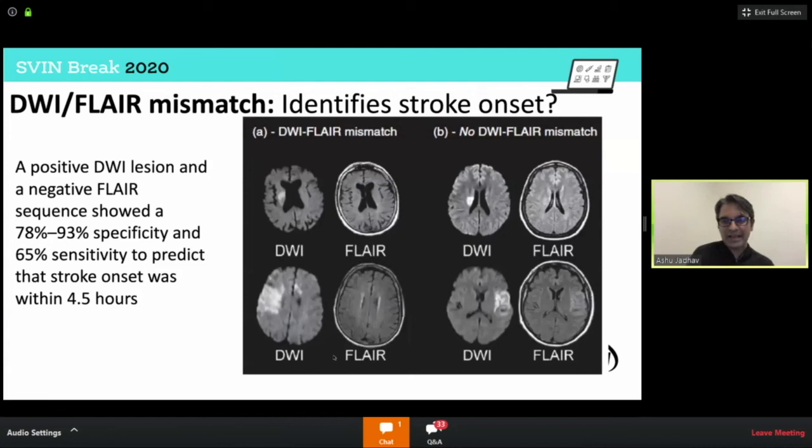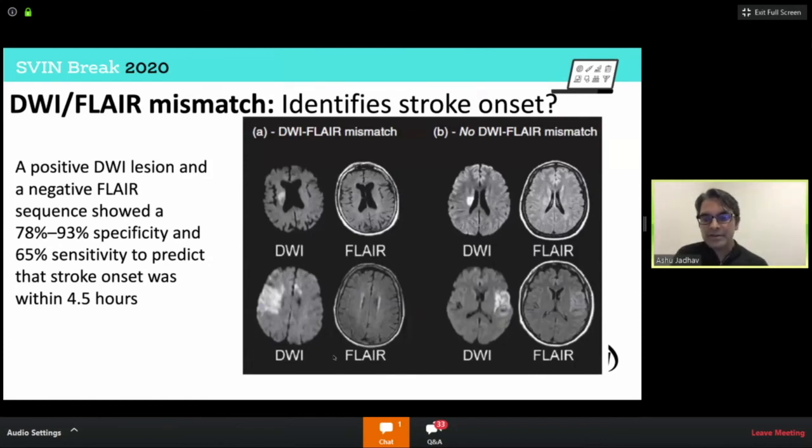So this is just some examples to show you the concept here. In panel A, you see two MRIs of a patient with a restricted diffusion and no correlate on FLAIR. So the idea is that that patient likely had an LVO that was within 4.5 hours, and that might be a patient with conceivably salvageable tissue, because even though they had a wake-up stroke, the stroke happened much sooner than one may have initially predicted.